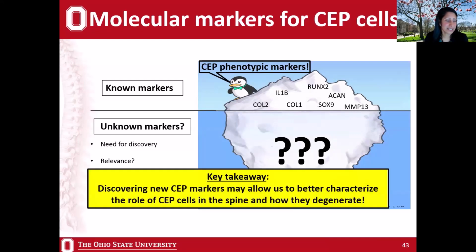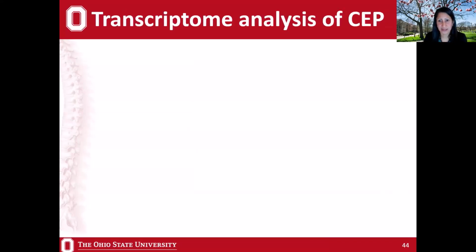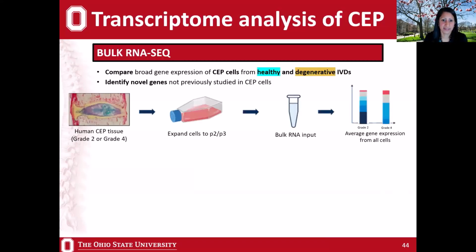So there's a real need for discovery, and to better understand these cells, we really want to understand what markers they express and what's specific to the end plate. I think we've done a nice job as a community identifying NP specific markers, AF specific markers, but there still seems a lot of work to be done with regard to the end plate. So our group performed a transcriptomic analysis of the end plate.